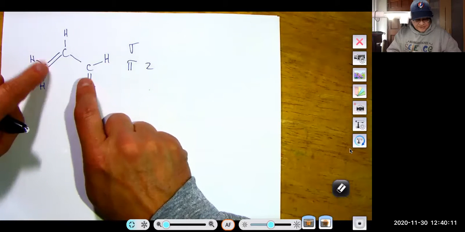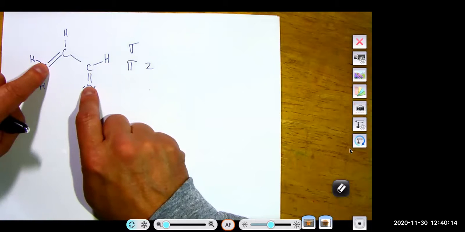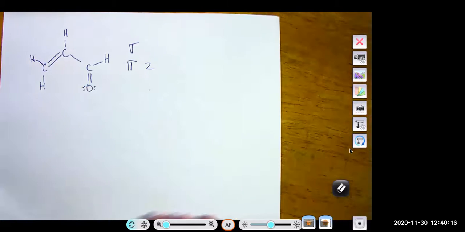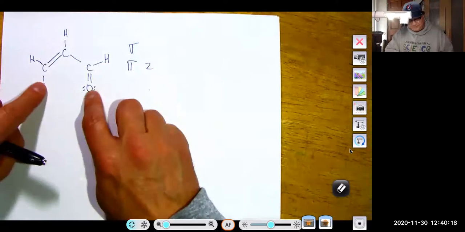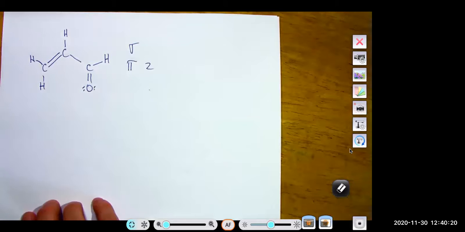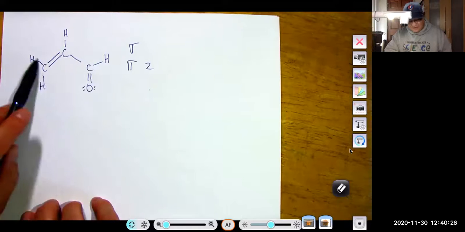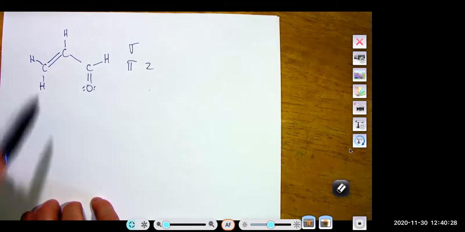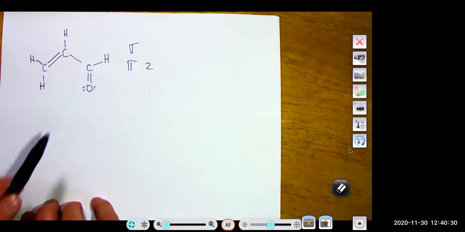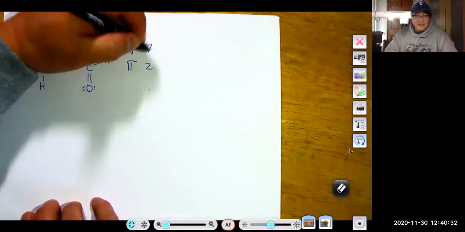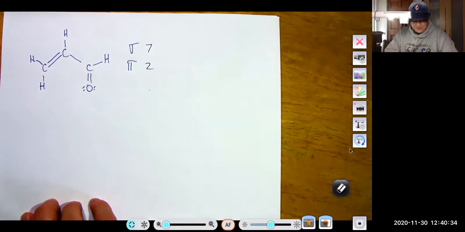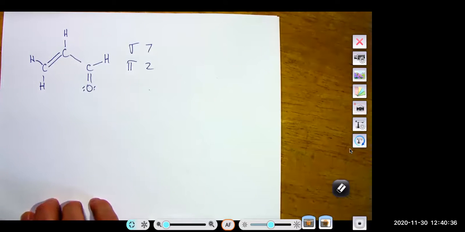So how many sigmas here? So there's 2. Okay, so how many sigmas total with the 4 and the 2? Oh, there's actually 5 single bonds. You missed that one, didn't you? Yeah. So 1, 2, 3, 4, 5. So there'd be 2, 3, 4, 5, 6, 7. 7 sigmas total. Capiche? Okay, let's take a look at another one.